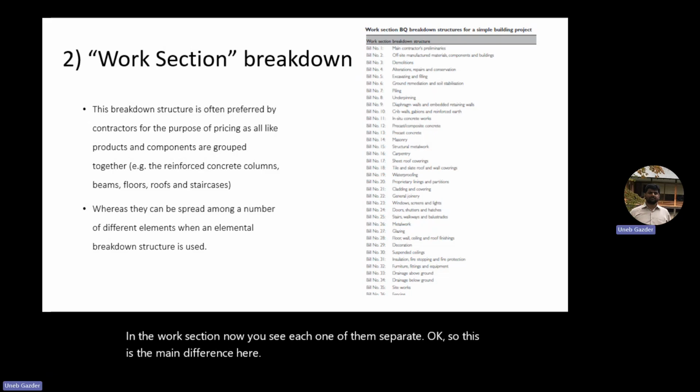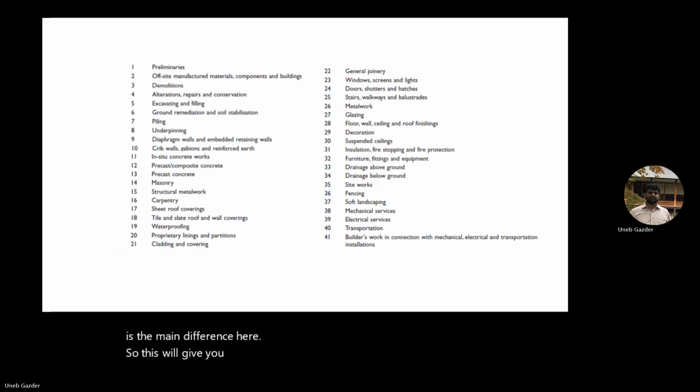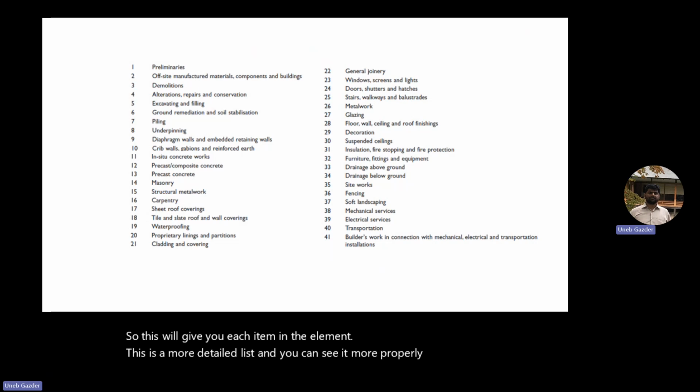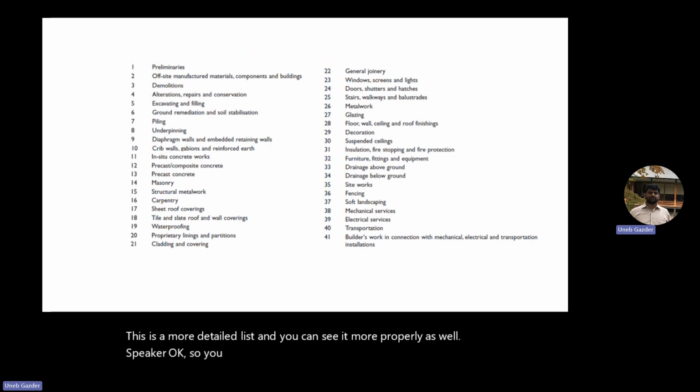This will give you each item in the element. This is a more detailed list, and you can see it more properly as well. It's bigger. So you have preliminaries, and for example now you have demolition as well. The first 2-3 items were all under one element.